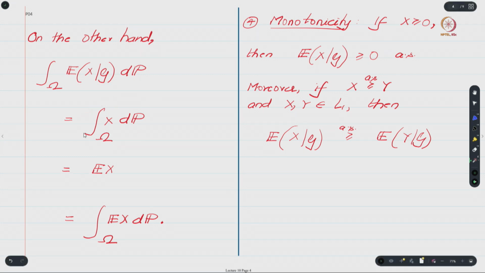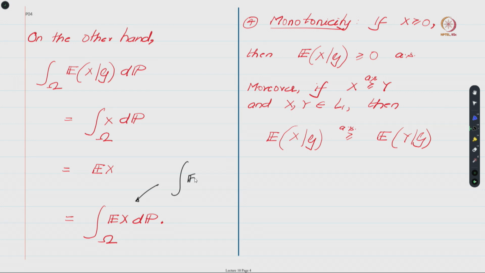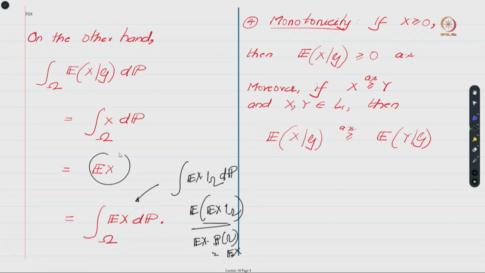So this is what we have, and by definition this is expected value of x, and expected value of x can be written this way, and using our definition of expectations of simple random variables, this is actually expected value of x indicator omega dP, or in other words this is expected value of x indicator omega, and this quantity is basically expected value of x times probability of omega, which is expected value of x as desired over here, right.